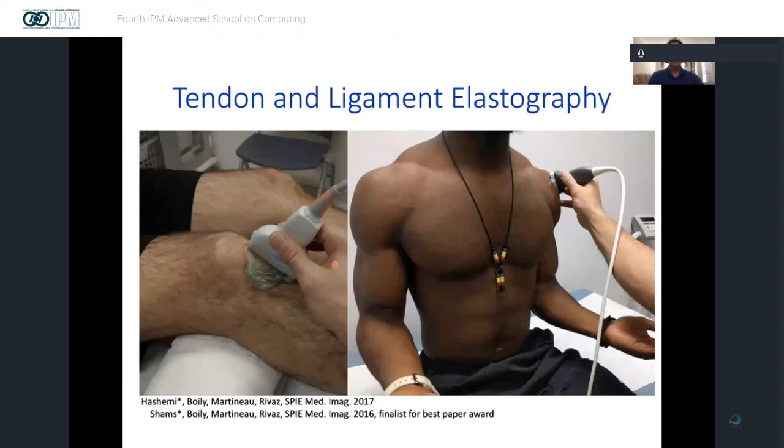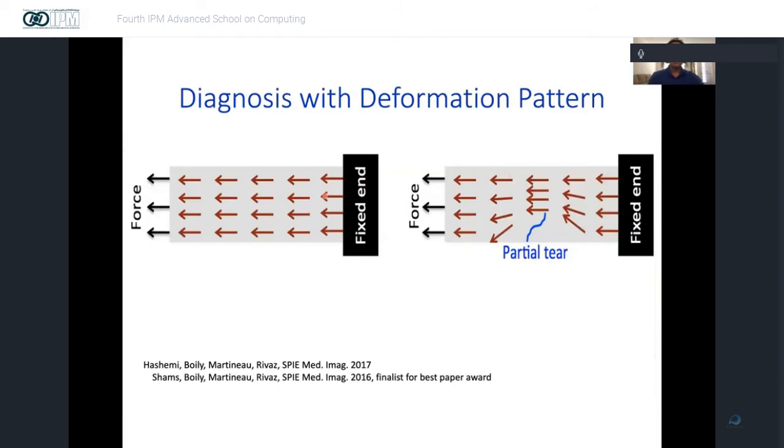We have also looked at tendon and ligament elastography for both the knee and shoulder, and we got some nice results here. One of our hypotheses was that if you have a healthy tendon and you pull it, you get uniform strain in your tendon.